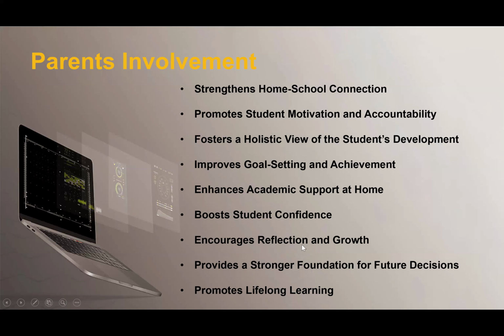The eighth one provides a stronger foundation for future decisions. Parental involvement in the portfolio process can help inform decisions related to future educational pathways, such as choosing courses, exploring career interests, and making decisions about options for future education and career development.